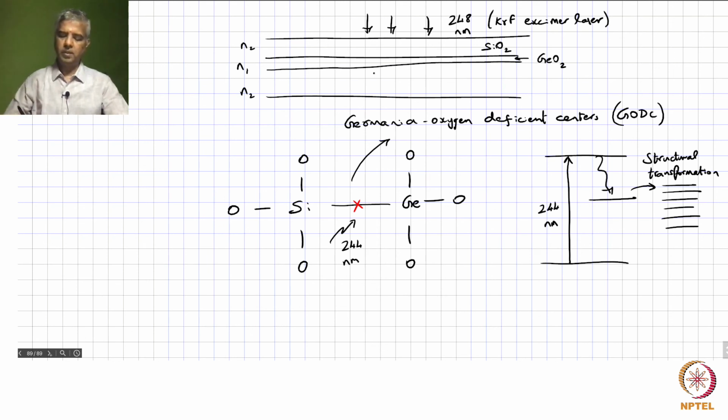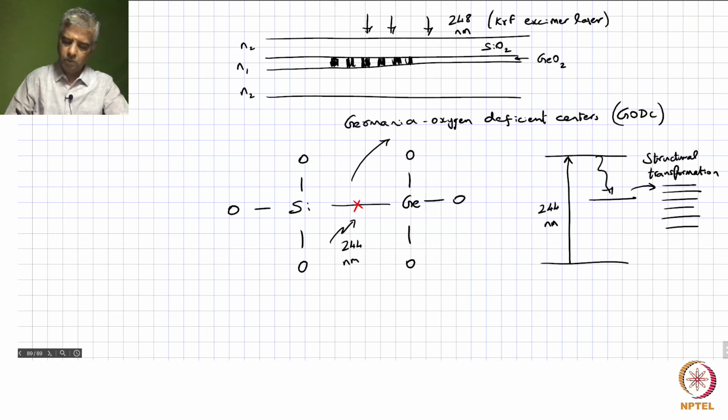Then you can essentially change the refractive index of this region. Of course, what you want to do is change the refractive index only in selected regions, in a periodic fashion. So you want to achieve a refractive index change like this.